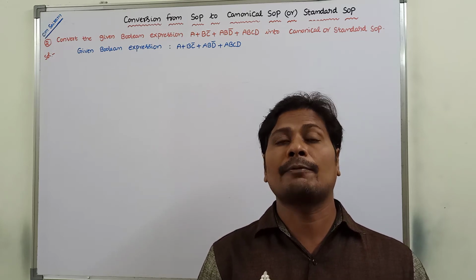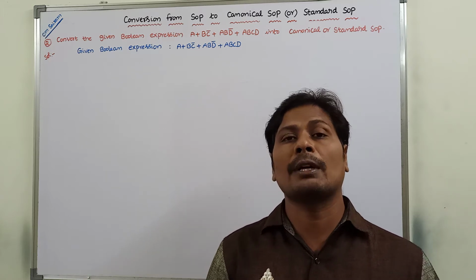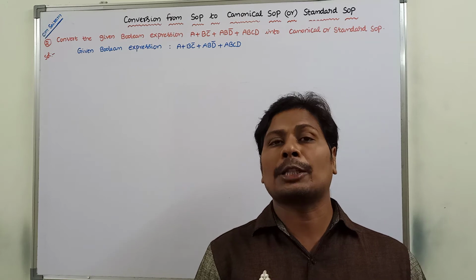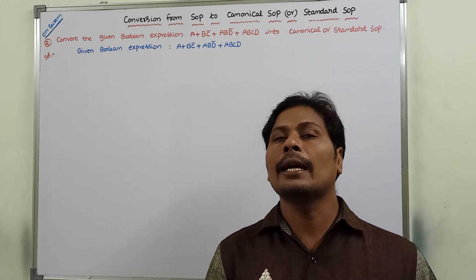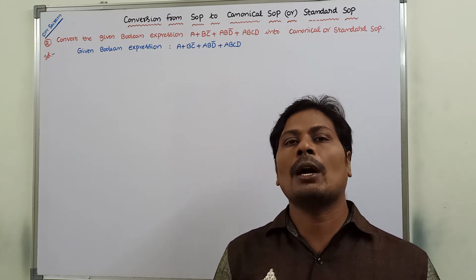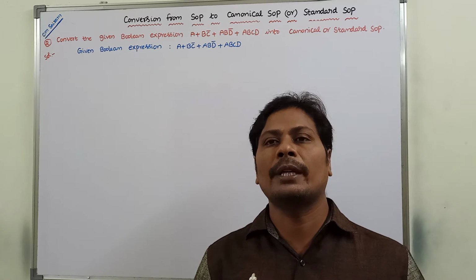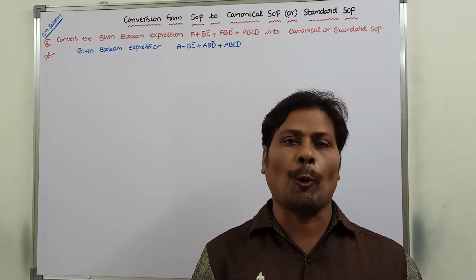Please refer to that video for the procedure we have to follow to convert a given Boolean expression in SOP into canonical SOP or standard SOP. Please refer to it once before solving this problem.